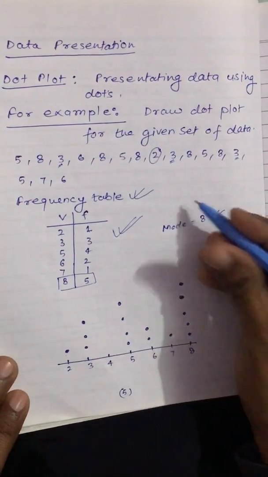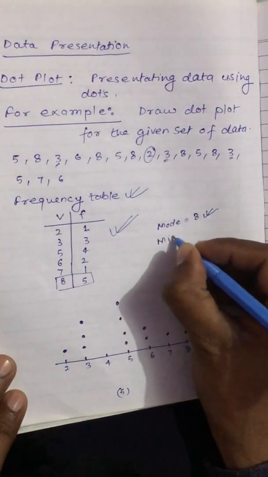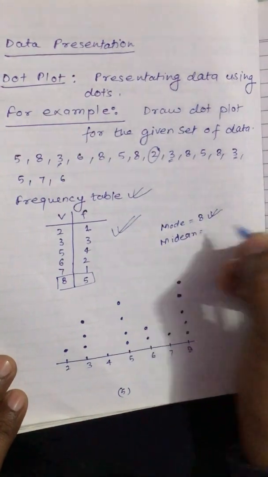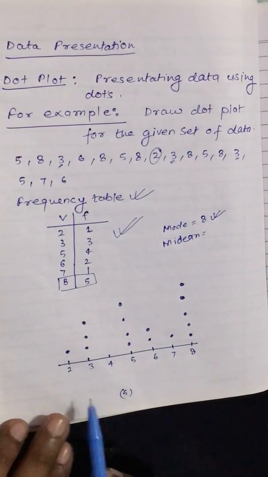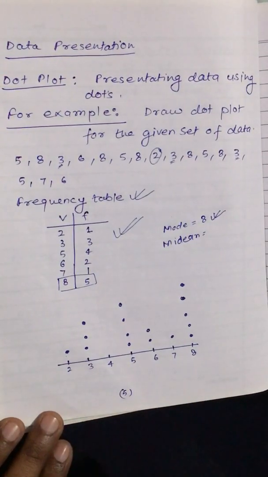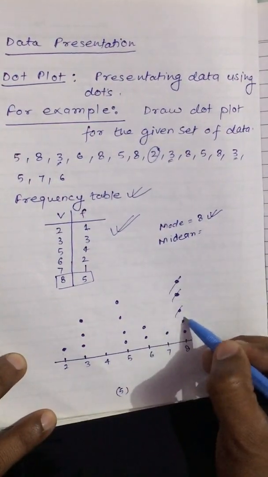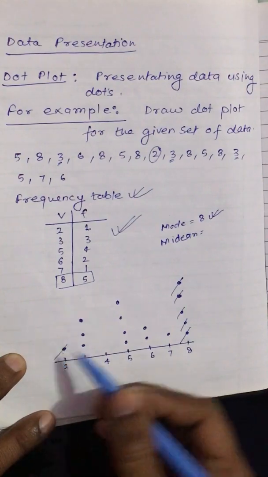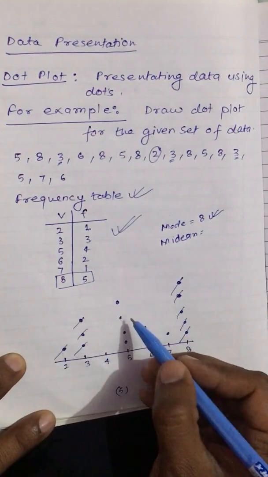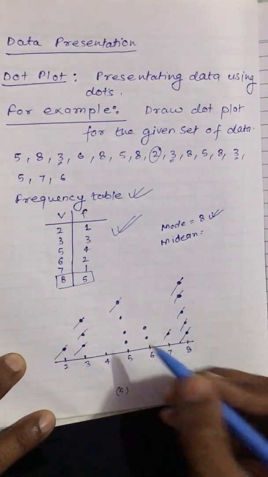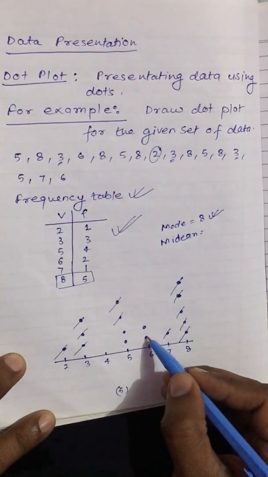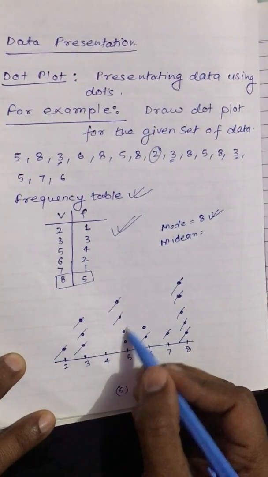In this case, we can also find the median. Median, what is median? Median means middle value, right? Now I have arranged the data already. For the middle value, if I count from this side, 1, 2, 3, 4, 5. This side also 1, 2, 3, 4 and 5. Now 6, then 6, 7, then 7.